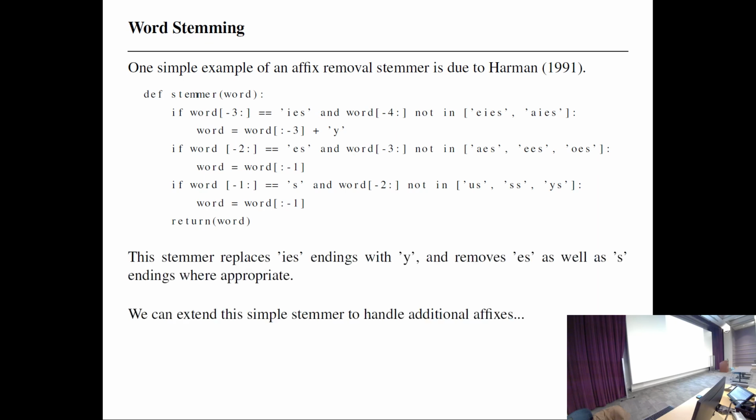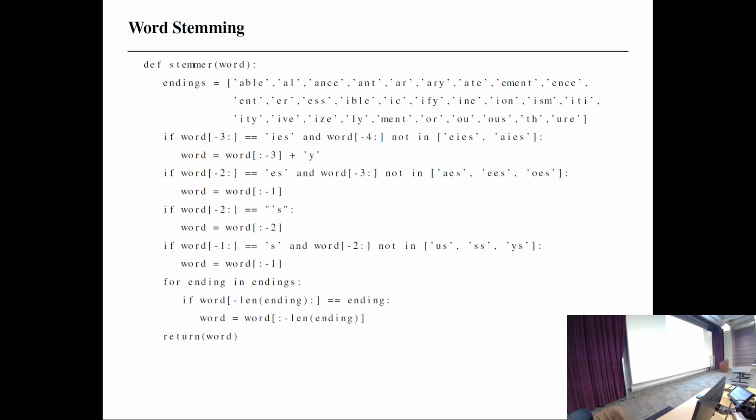After 1991, people started playing with these stemmers a lot, and here's a more sophisticated stemmer. It handles a lot of these different endings. And by the way, the order of these endings here is alphabetical, I believe. Yes, they're just alphabetical. But what we're really interested in is you can see this is an extension of the Harman stemmer, because the first one, the second one, and the fourth one are the same clauses of the Harman stemmer.